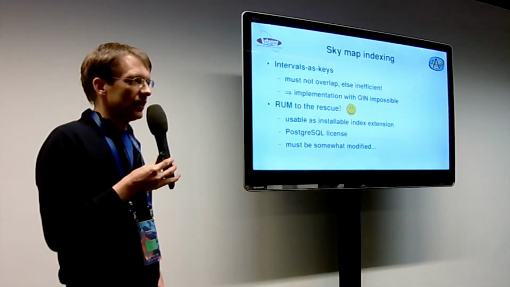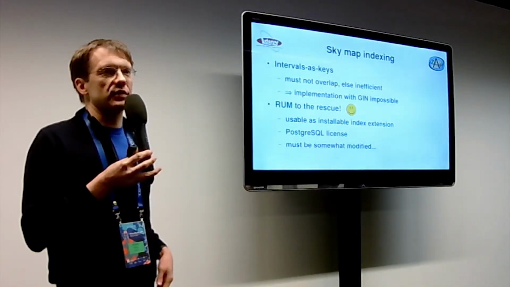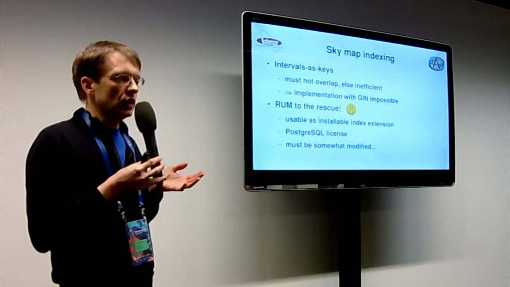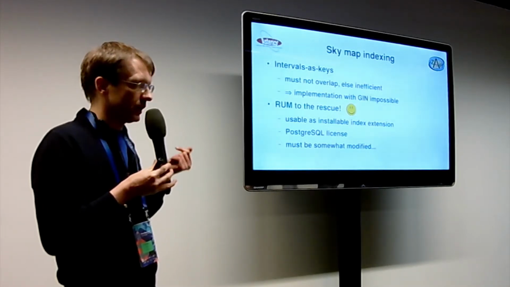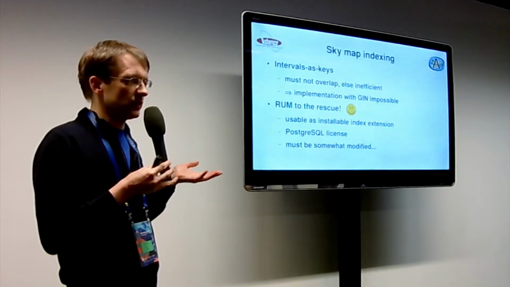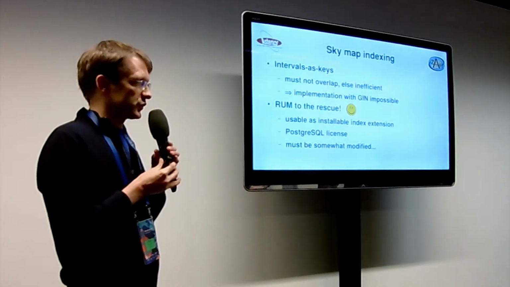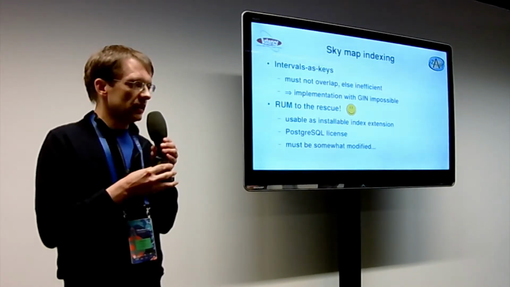And also RUM is basically the heritage of GIN, so the infrastructure of an inverted index is already there. And then, of course, it's important that it has a Postgres license, because we as public astronomical data centers don't have a budget for expensive software.